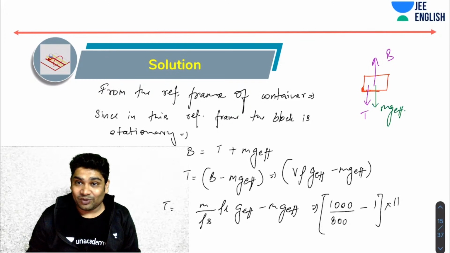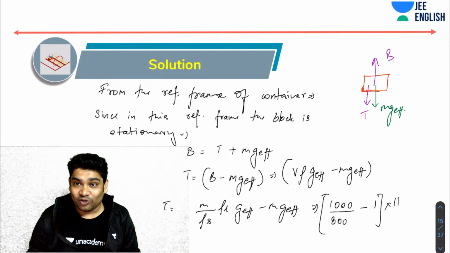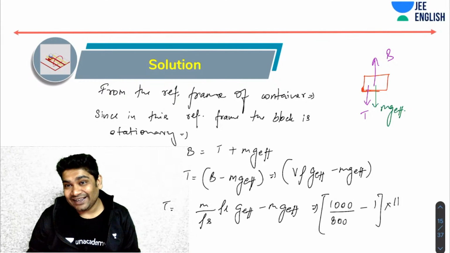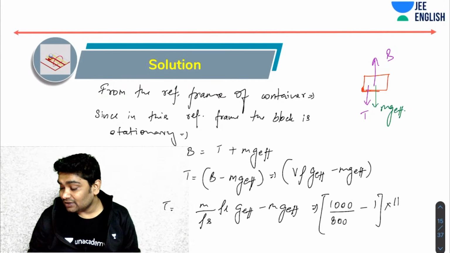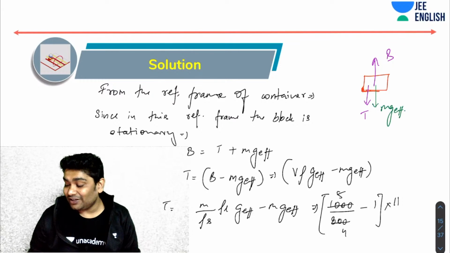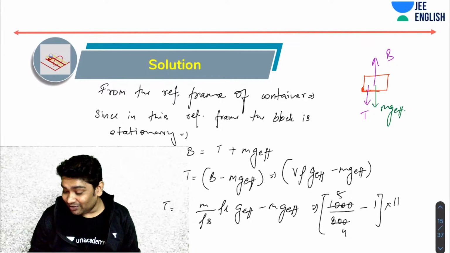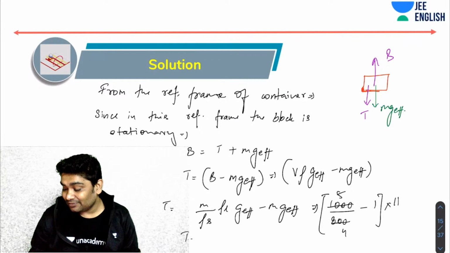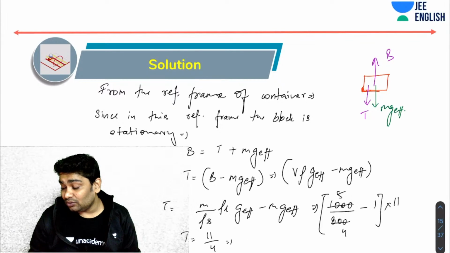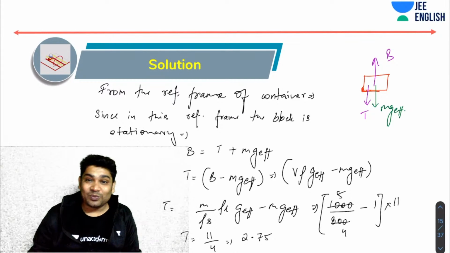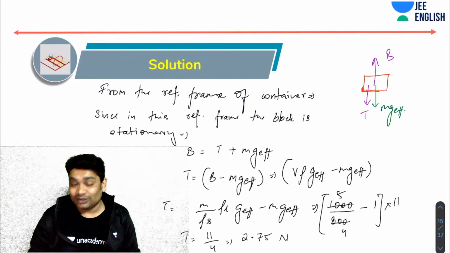So what you get from here is 5 by 4 minus 1, which is 1 by 4, so 11 by 4 is the answer. 11 by 4 is 2.75 actually. So 2.75 newtons is the correct answer.